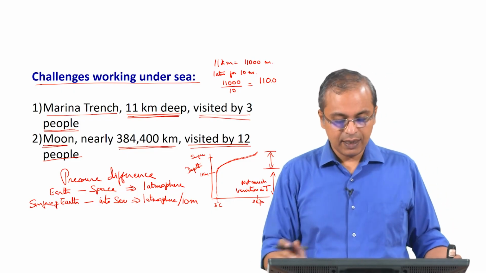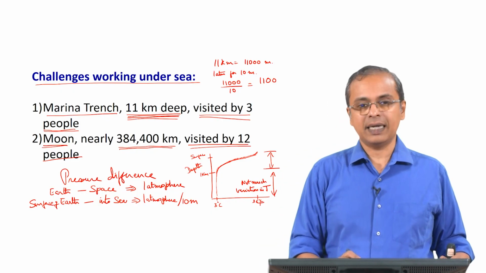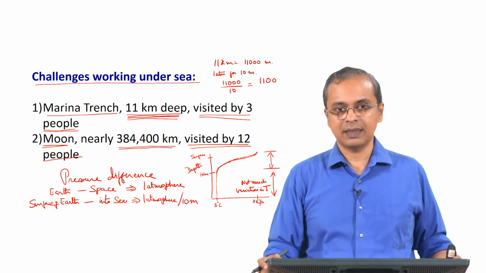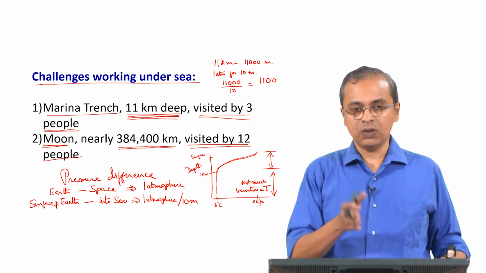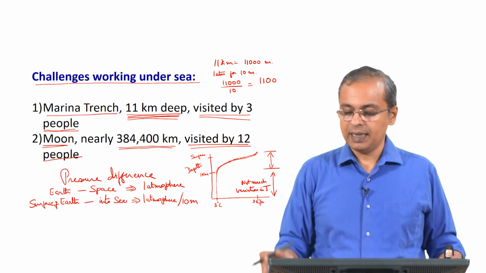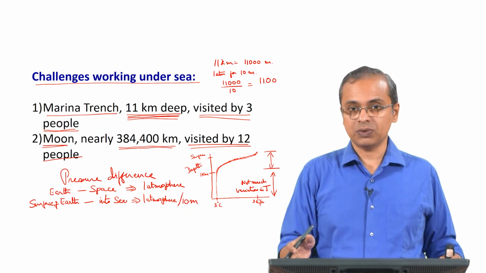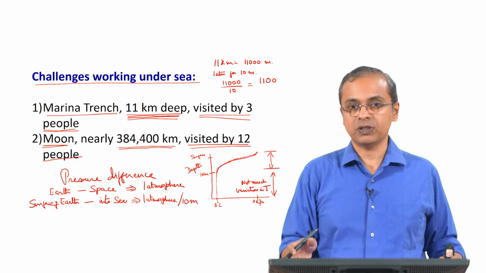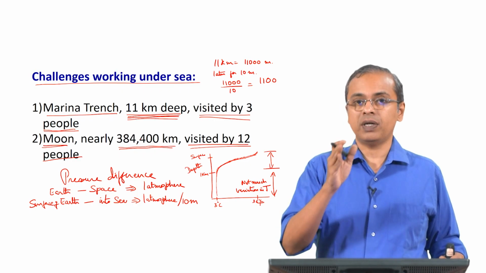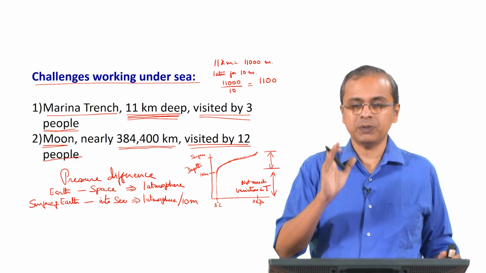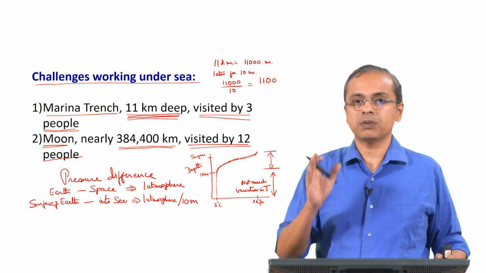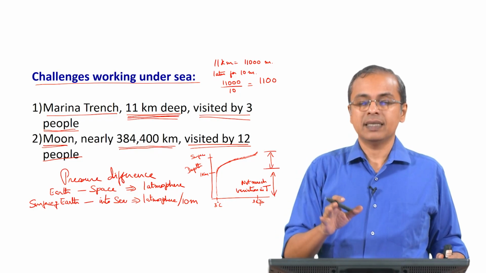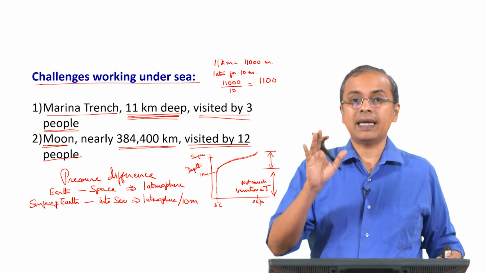So, that is why even though this is only 11 kilometers and technically on a straight road you would reach this in about 10 minutes, you would never do it in 10 minutes if you were going under the sea. The pressure difference you face is 1100 atmospheres, that is 1000 times more difficult from just the perspective of pressure. This is 1000 times more difficult to handle than landing on the moon.